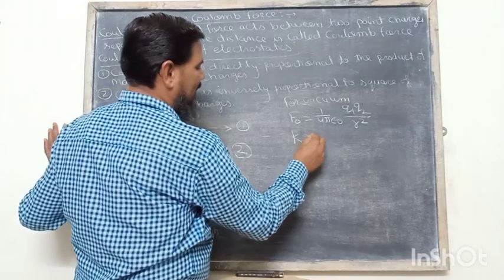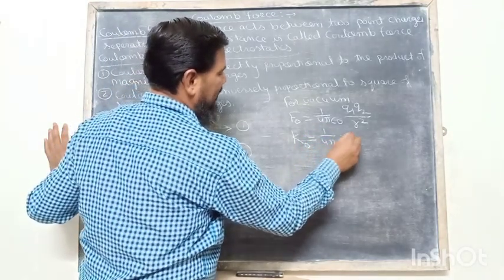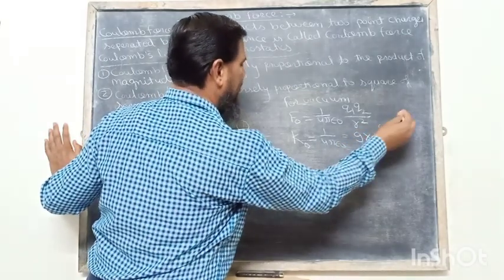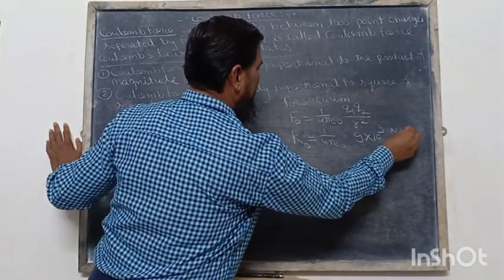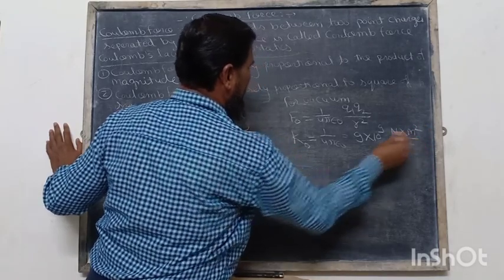For vacuum, K0 is equal to 1 upon 4 pi epsilon naught, and its value is 9 into 10 raised to the power 9 Newton meter square upon Coulomb square.